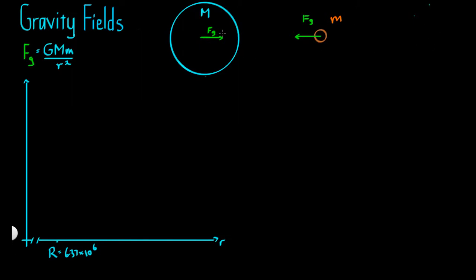The magnitude of this Fg force is given by this equation. Fg is equal to the gravitational constant multiplied by the big M mass in kilograms multiplied by the little m mass in kilograms divided by r, which is the distance between the center of the two masses, squared.